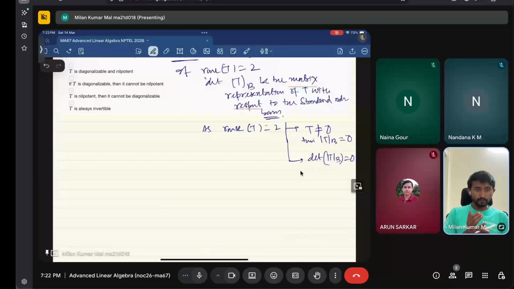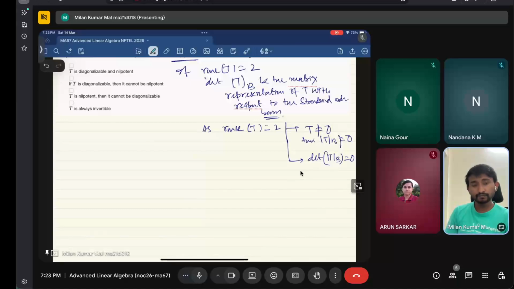Because rank is 2, it is not the zero matrix; if it were the zero matrix, there would exist a basis for which there is no non-zero row. But that's not the case, because there will be two non-zero rows.